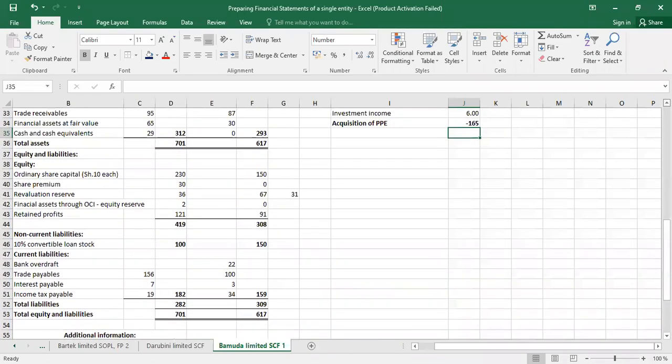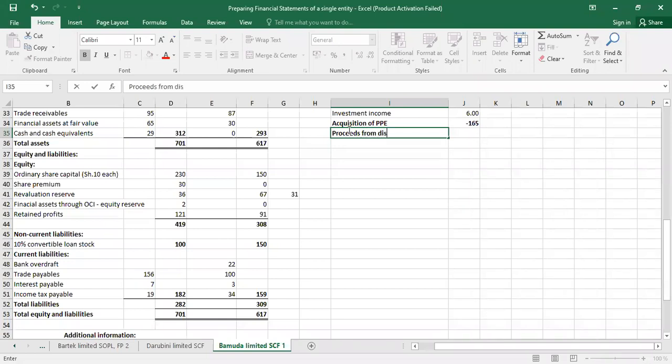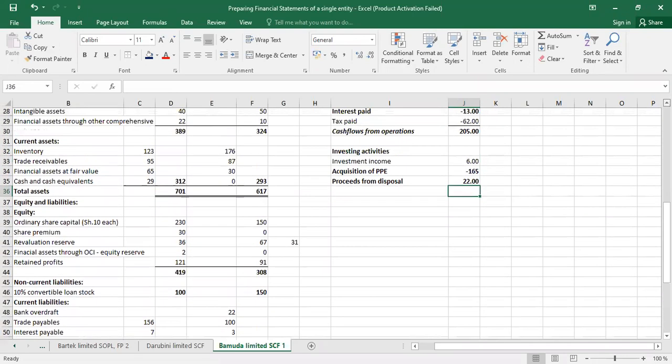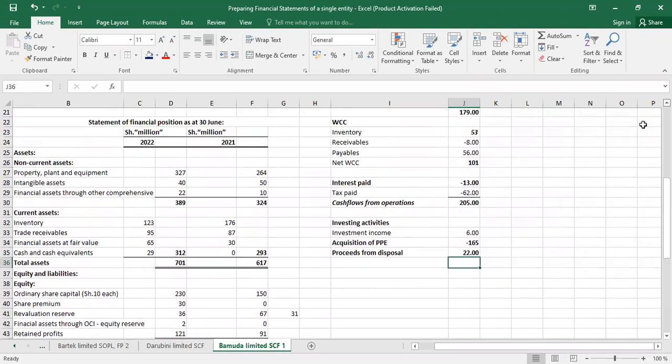So proceeds from disposal equal the net book value minus the loss. So this is the money that was received from the proceeds, isn't it?